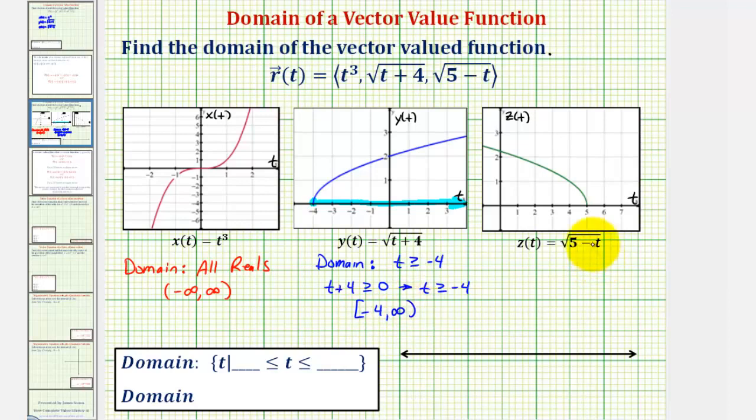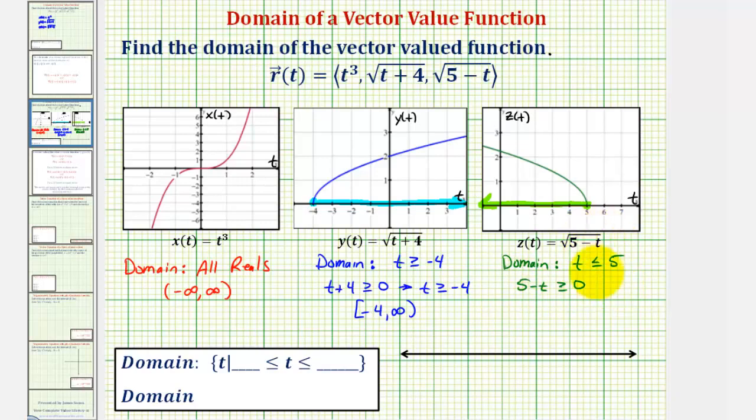And then finally for z of t, again analyzing the graph, notice how the possible values of t would have to be less than or equal to positive 5. So the domain of z of t, again, would be t less than or equal to positive 5. Algebraically, we'd have to recognize that the quantity 5 minus t must be greater than or equal to 0.